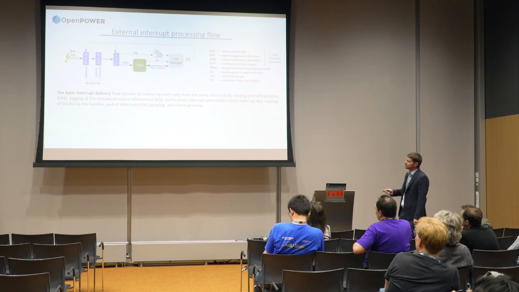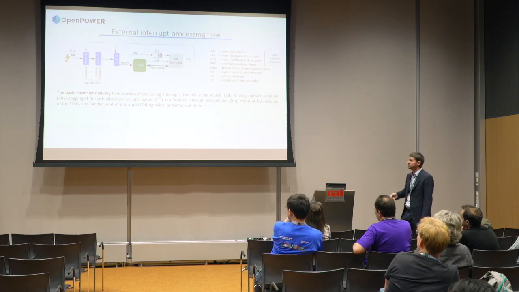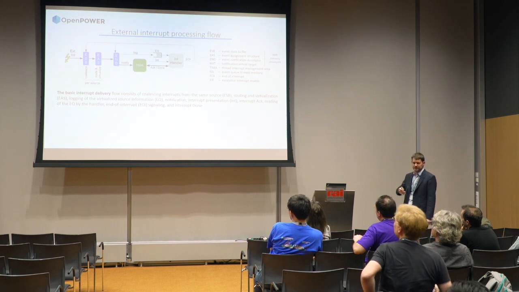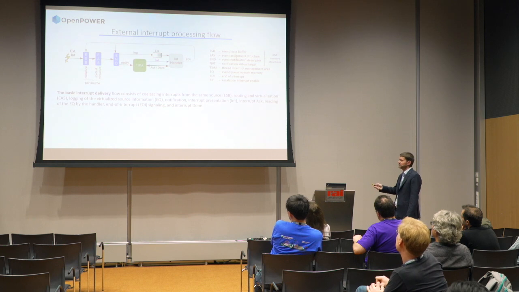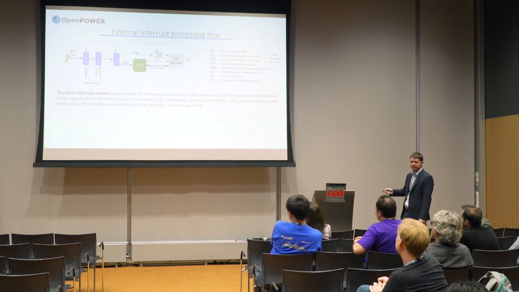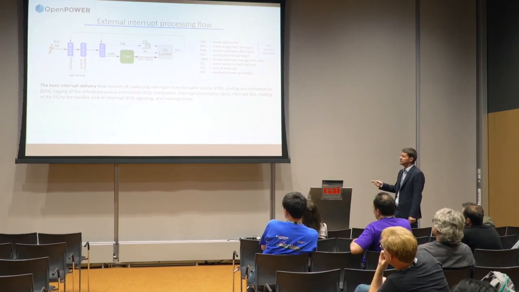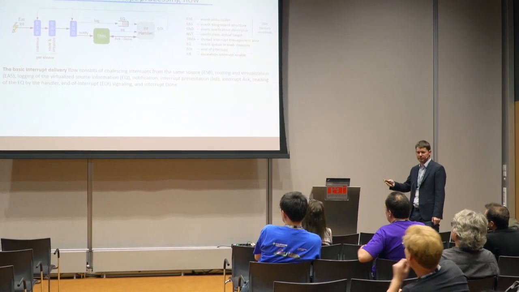On a per source basis, we have a state buffer, which is a 2-bit state machine that coalesces interrupts just for that specific source. And we have an event assignment structure, which translates the physical source information into virtual source information and points to an event notification descriptor. And the event notification descriptor really contains the information about where the event queue is in memory, where I need to log the information about the interrupt.